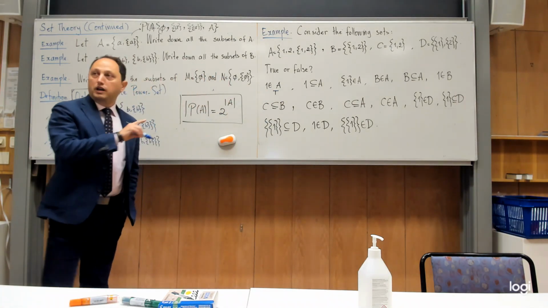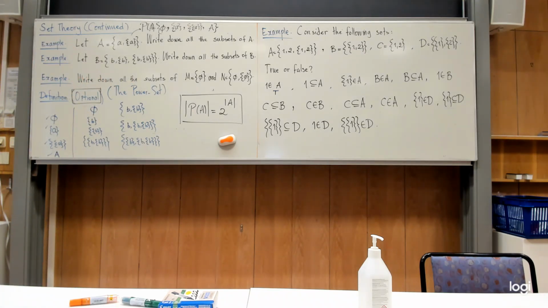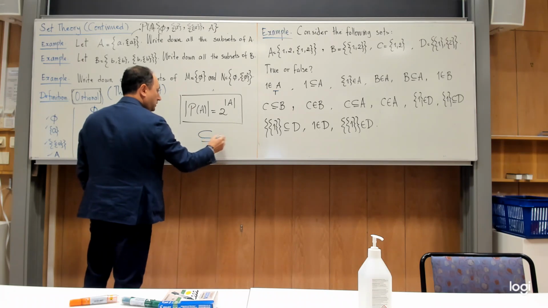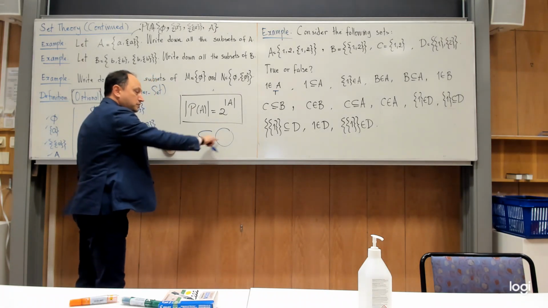What about 1 is a subset of A? False or true? It's false. Yes, false. Because subset is defined for 2 sets. When you use this symbol, what do you expect to have on the right hand side?